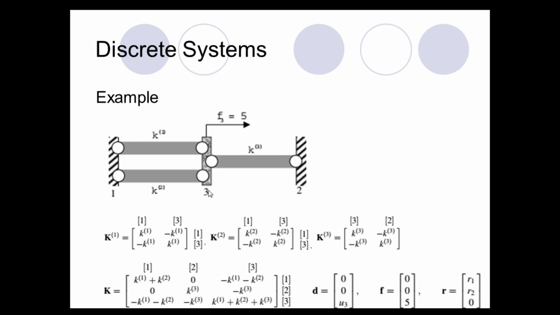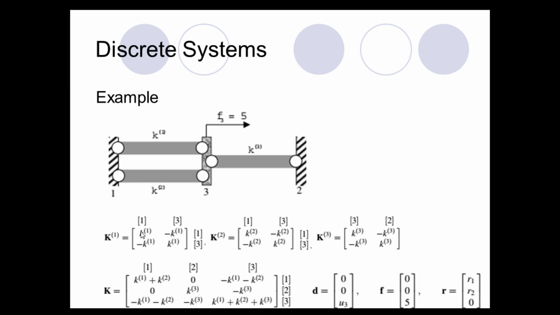Okay, so let's write the element stiffness matrix first, K1. So it is symmetric. The diagonal terms are positive and off diagonal terms are negative. So it is K1, minus K1, minus K1 and K1.